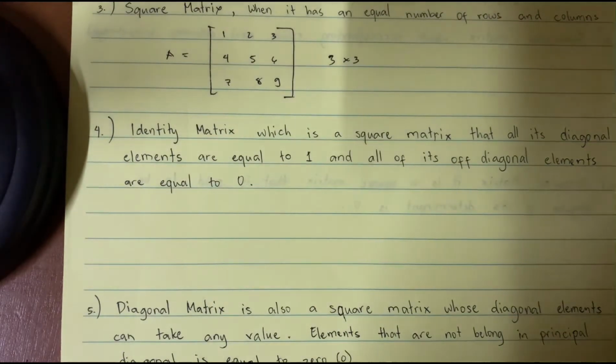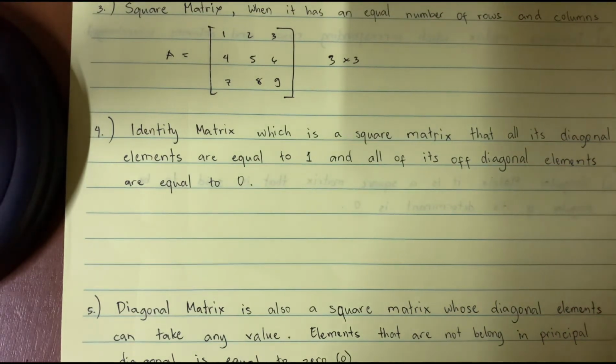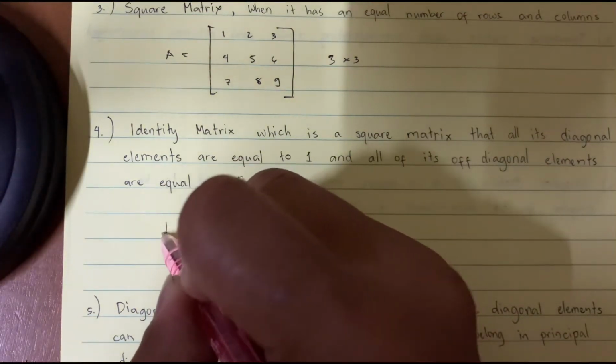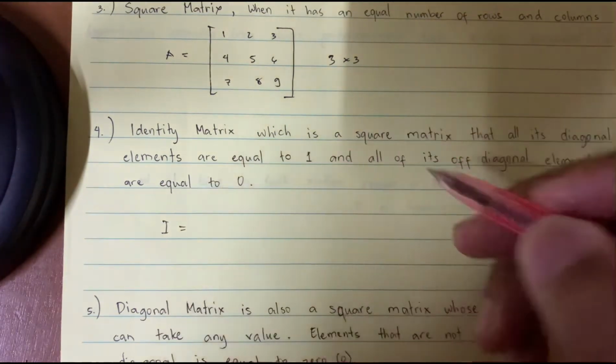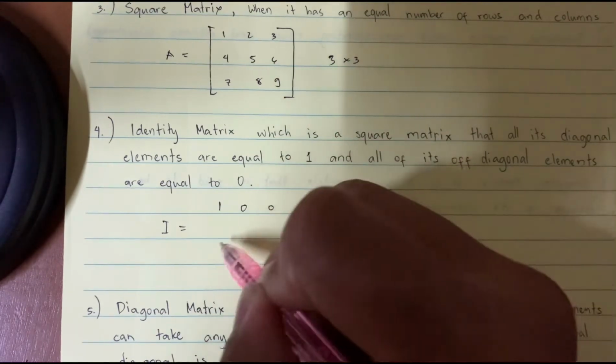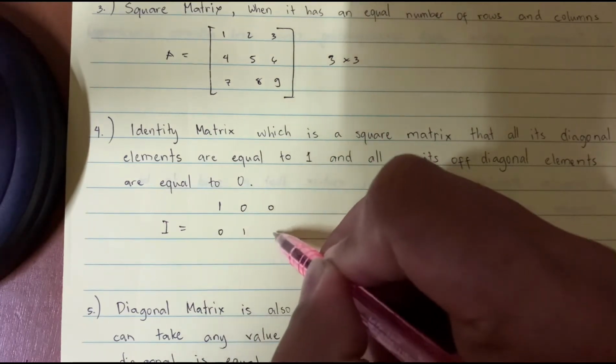Number 4, identity matrix, which is a square matrix in which all its diagonal elements are equal to 1 and all of its off-diagonal elements are equal to 0. For example, I is equal to 1, 0, 0, 0, 1, 0, 0, 0, 1.